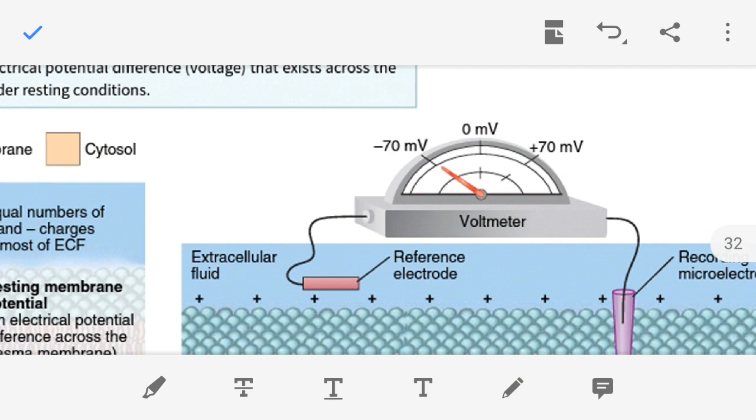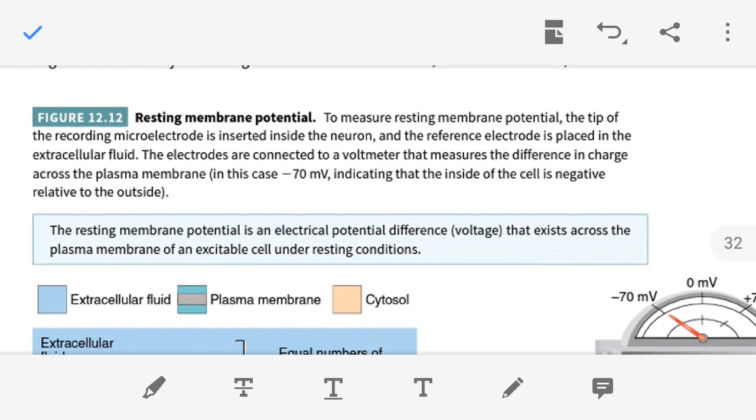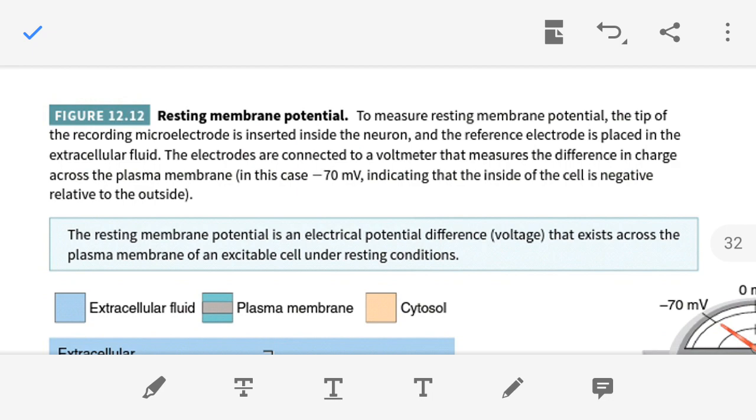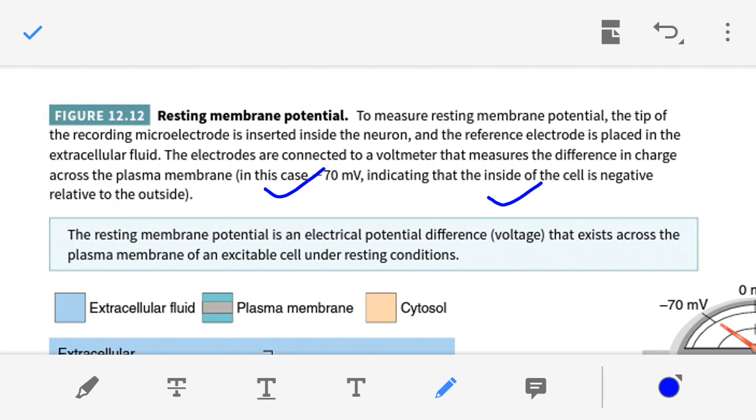So this minus 70 mV is called the resting membrane potential. Okay, and the minus sign indicates that inside the neuron more negative charge is present compared to outside.